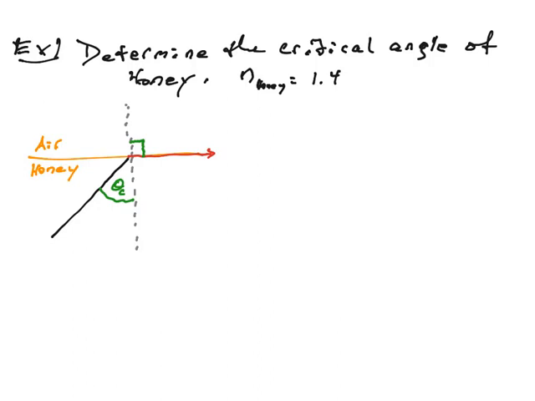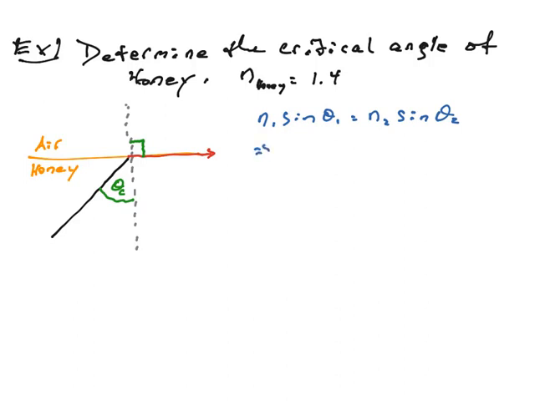How do I calculate it? Thankfully, we don't need a new fancy equation. We just use Snell's Law. Again, n1 sine theta 1 is n2 sine theta 2. This time, what am I looking for? I'm going from honey to air. So 1 stuff is honey, 2 stuff is air.